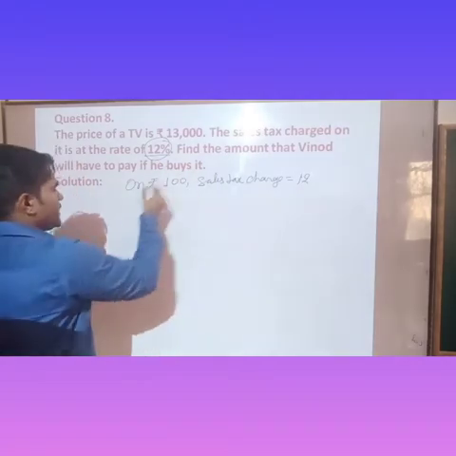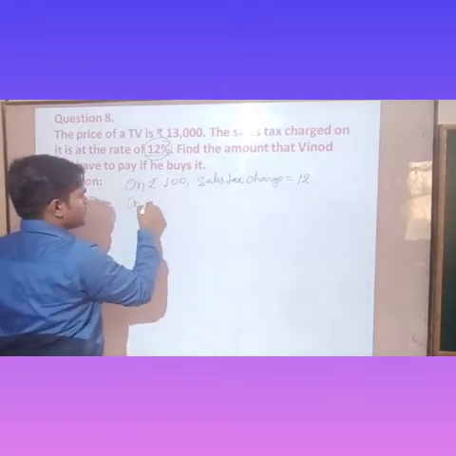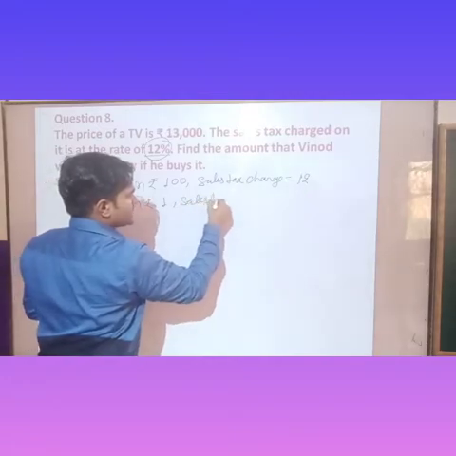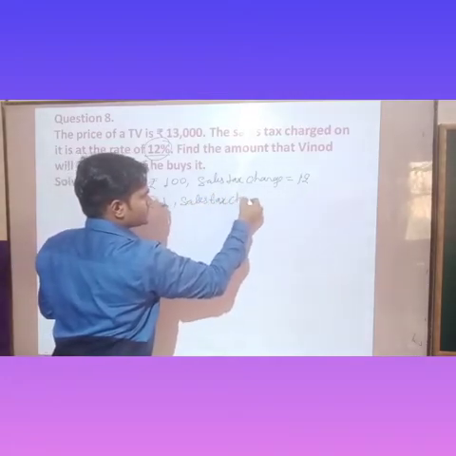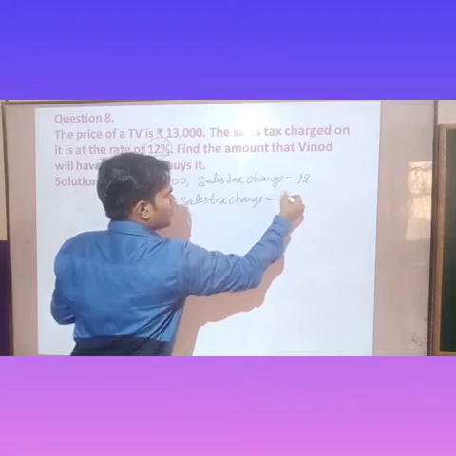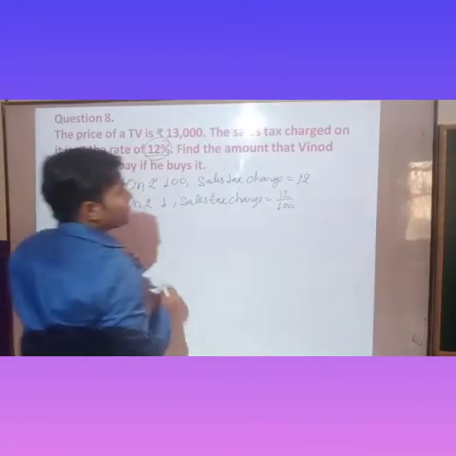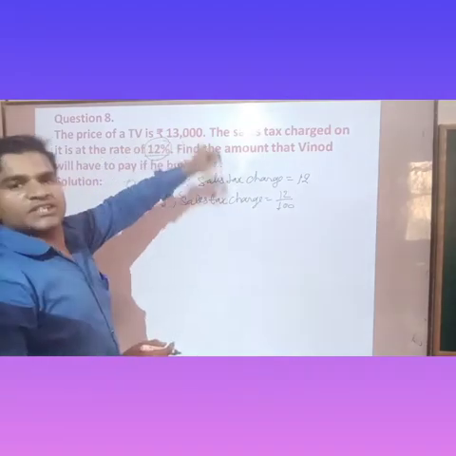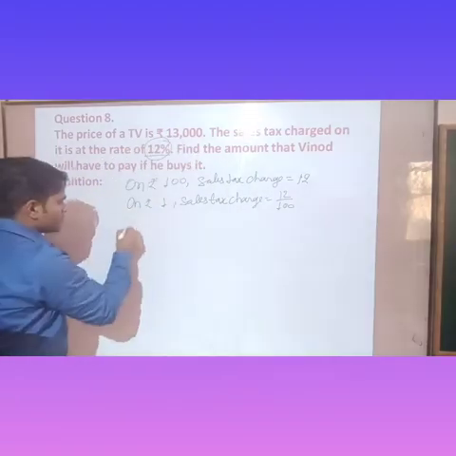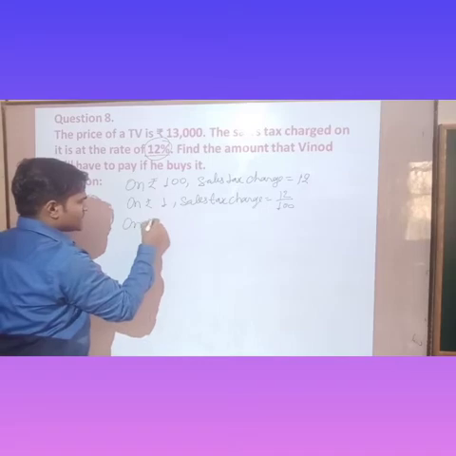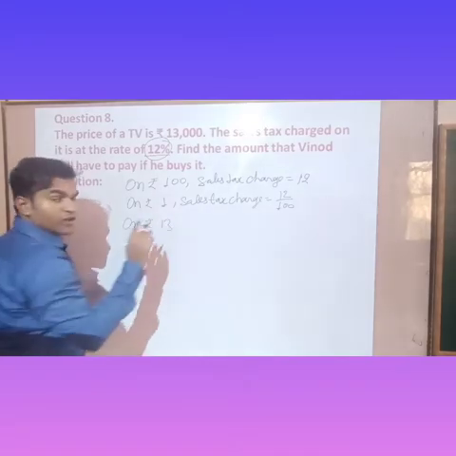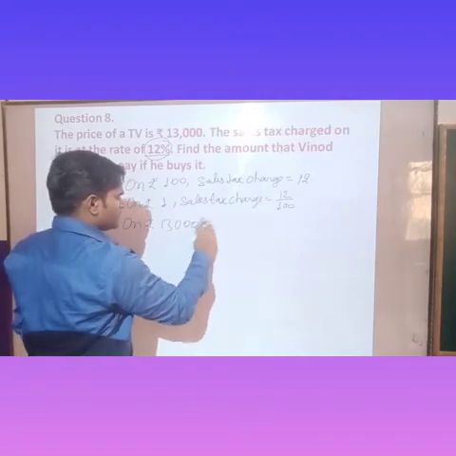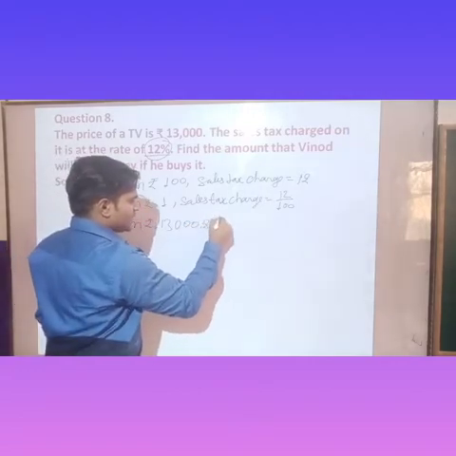So on rupee 1, the sales tax charge will be 12 upon 100. But here the price is 13,000. So what is the sales tax charge on 13,000? We have to write sales tax.